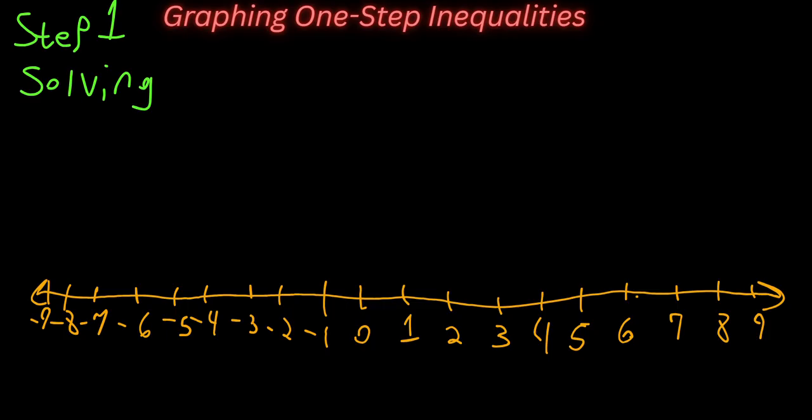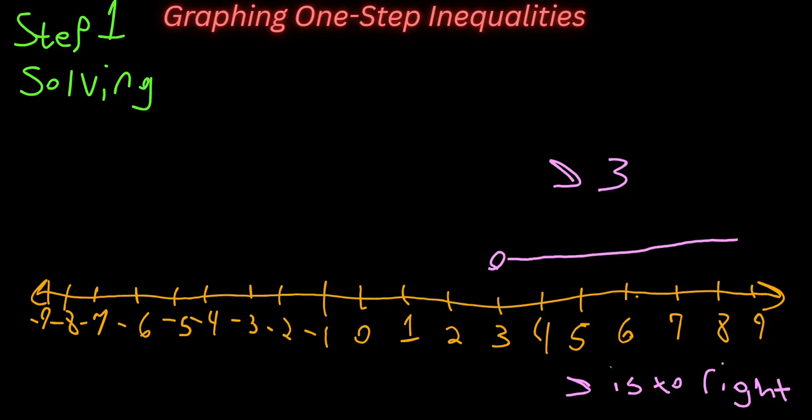Okay, so this symbol, greater than, is to the right. So when you see greater than 3, that means everything 3 and larger. Greater than is to the right.